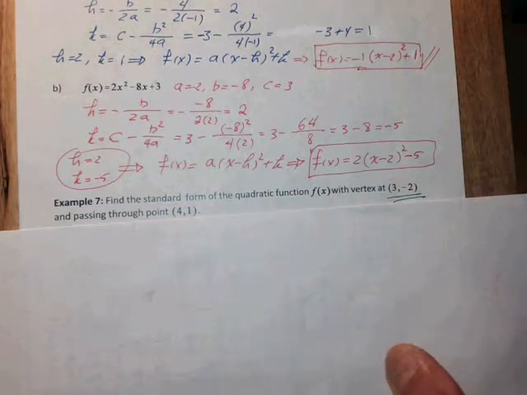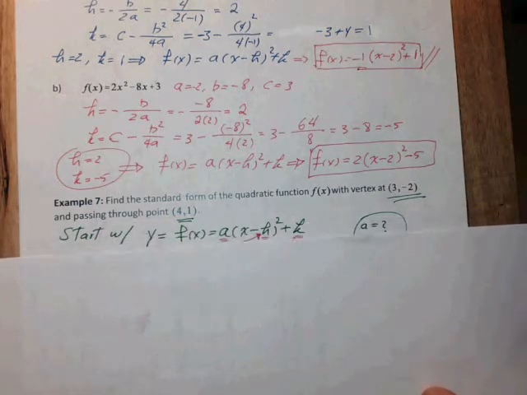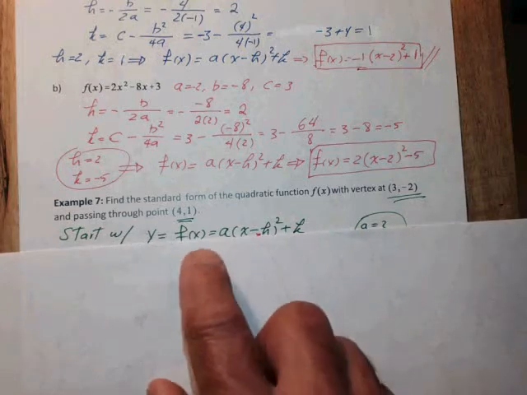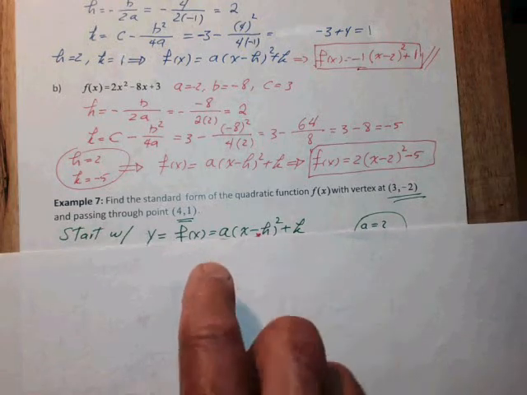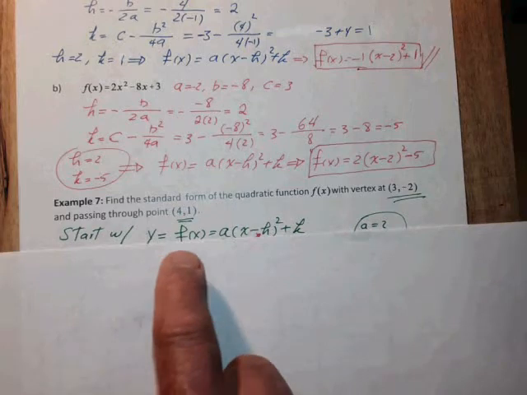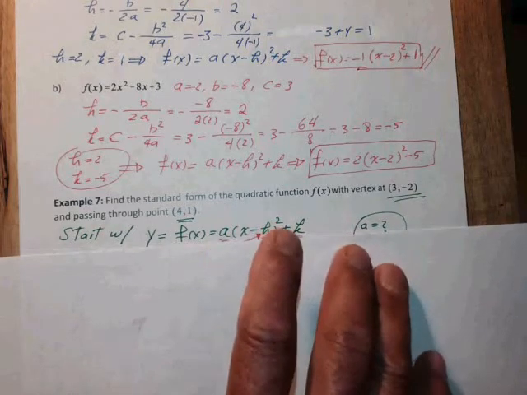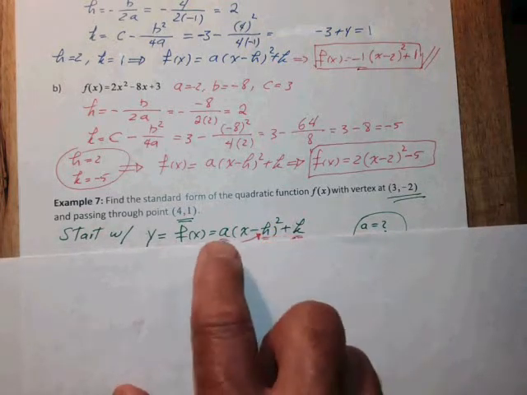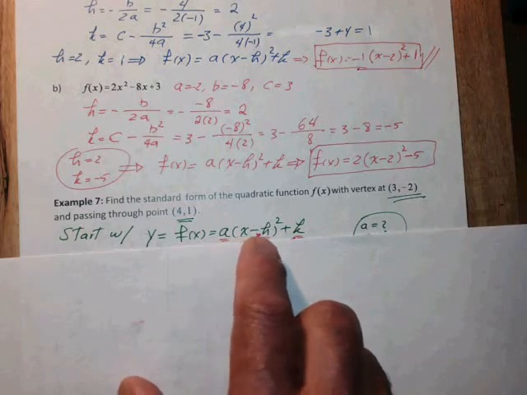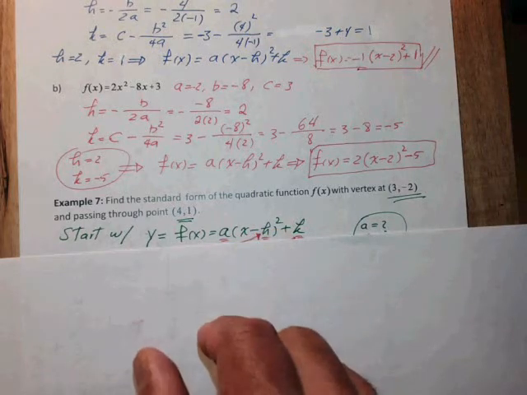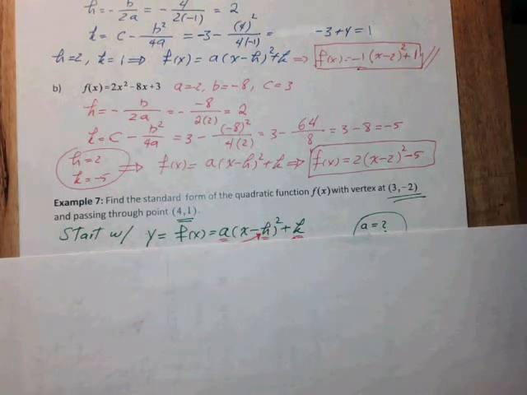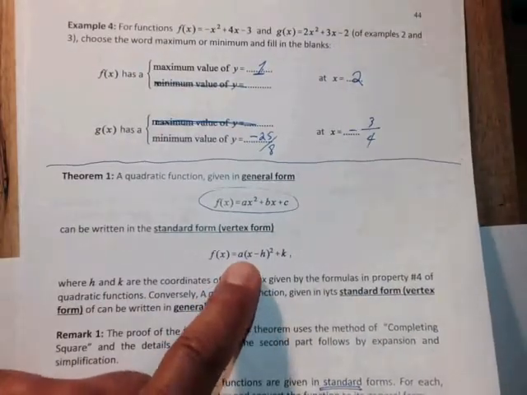So usually to do these problems, you always start with the standard formula: y equal to f of x equal to a times x minus h squared plus k. Remember, the standard equation.